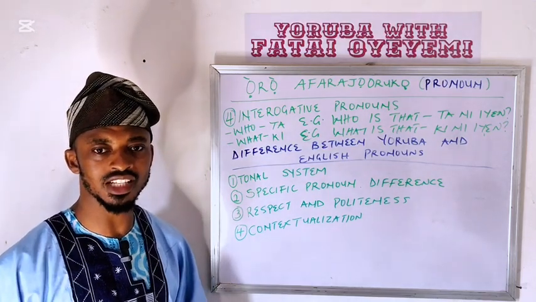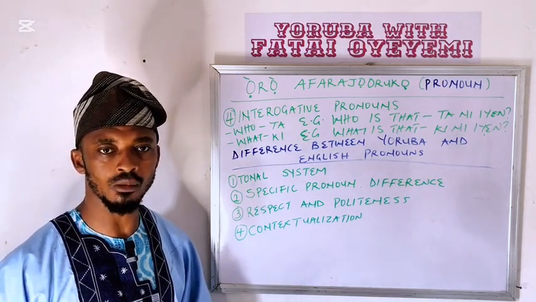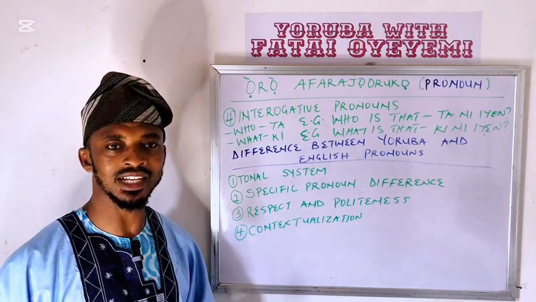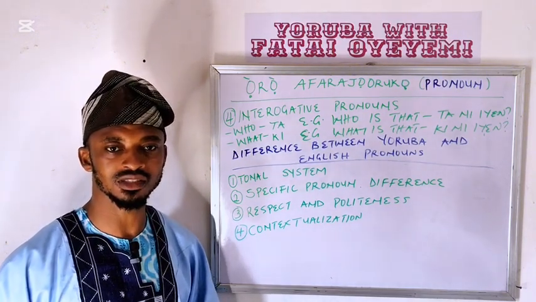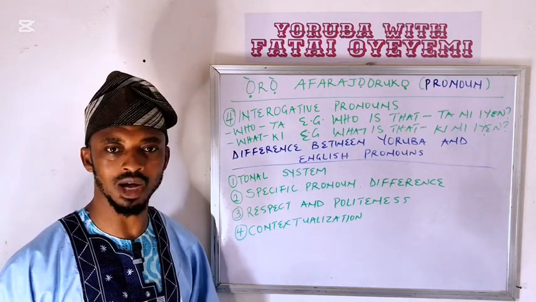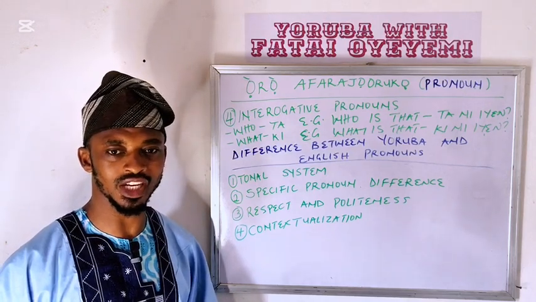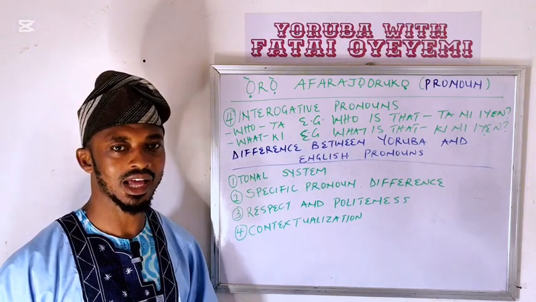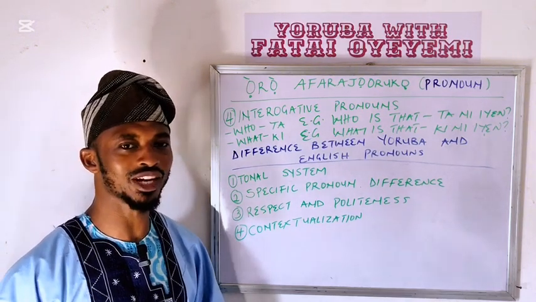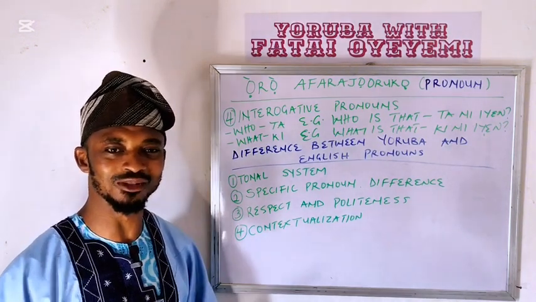Now, if I'm talking to someone that's older than me, or someone that occupies a higher position than me, I can't say Iwo to that person. As a typical Yoruba man, that is disrespectful. Saying Iwo ni mo ń bá sọ̀rọ̀, I'm talking to you, they will send you home. They will say your parents did not train you very well. Maybe you will be trained from outside.